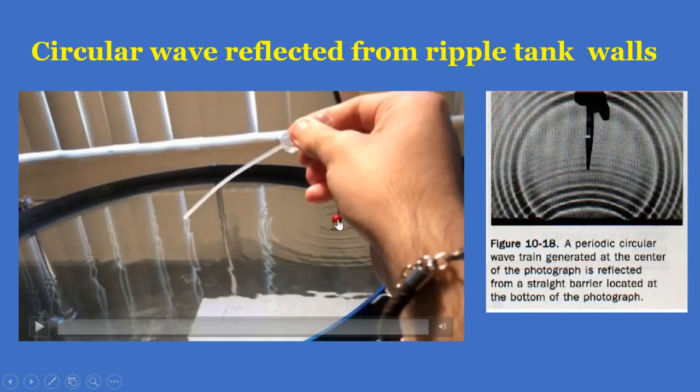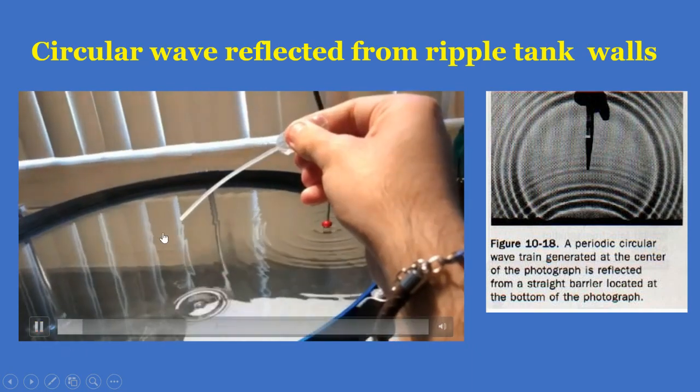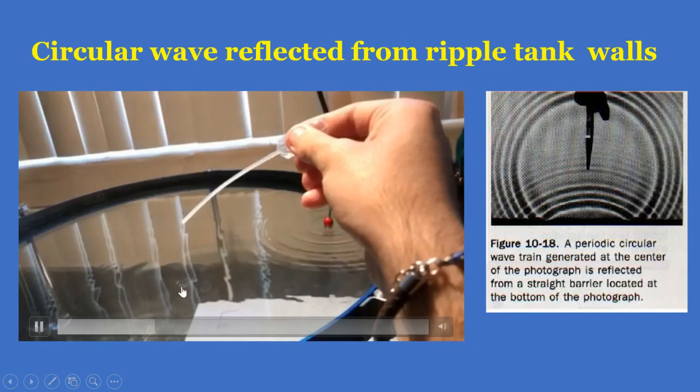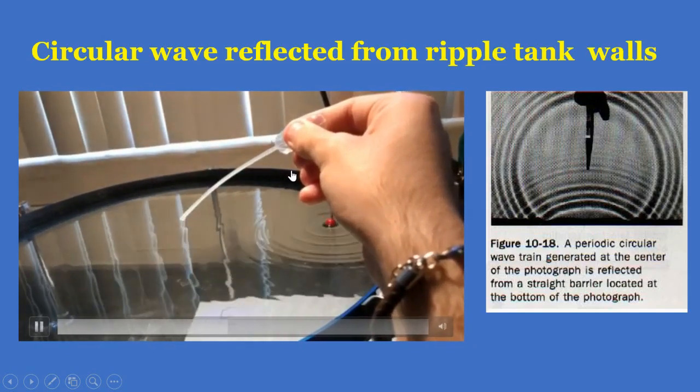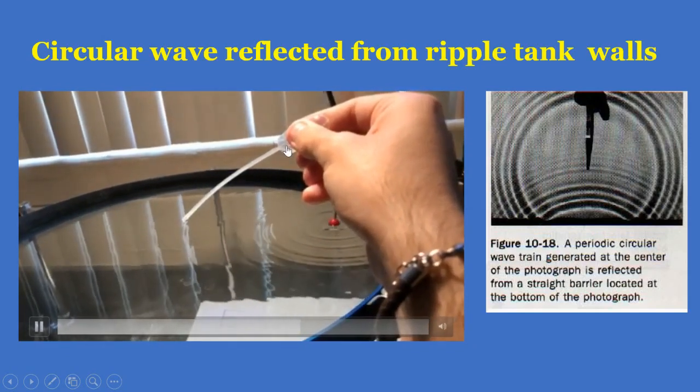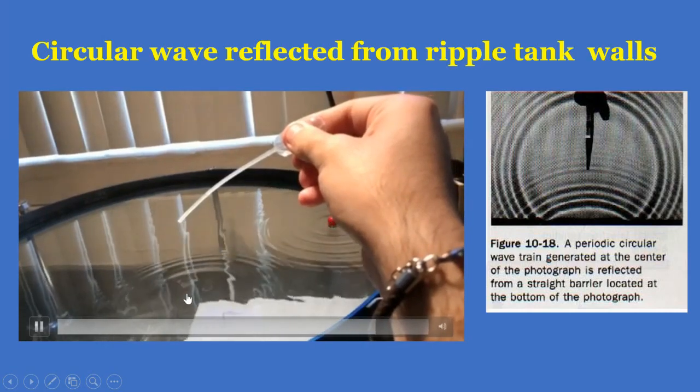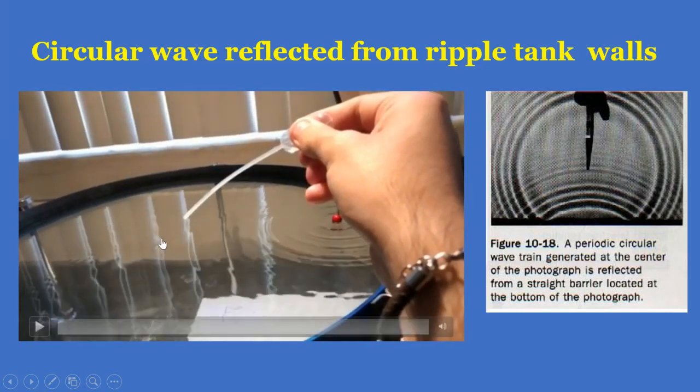Now, if you look here, this attachment creates a single circular wave. They interact with the wave that is being controlled by a student with a pipette. So they interact with each other and they interact with the walls of the tank, creating this pattern.